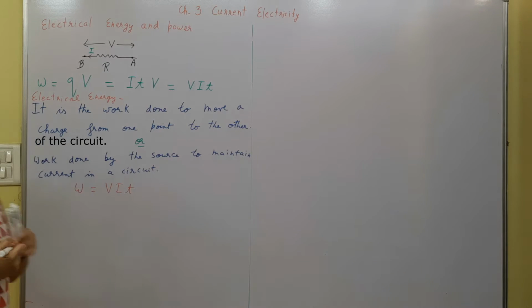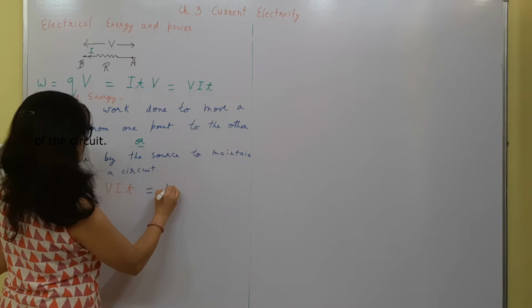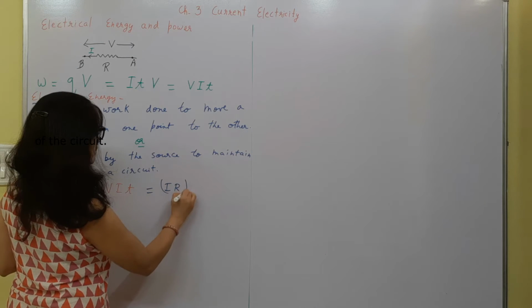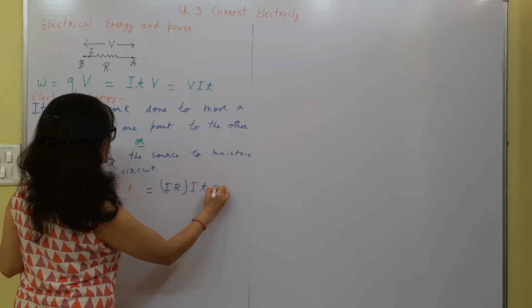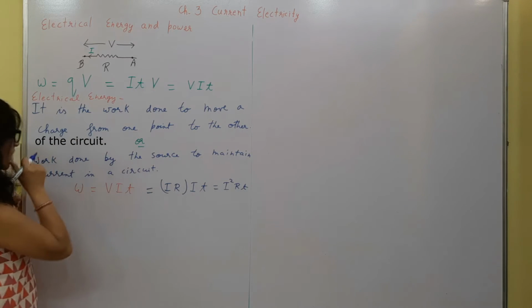If we use Ohm's law where V is equal to IR, we can write it as IR into I into T, that means I square RT.